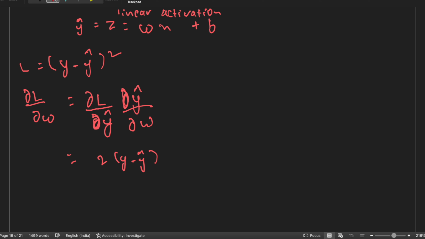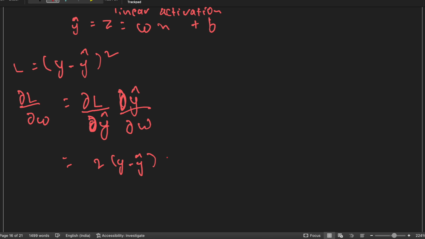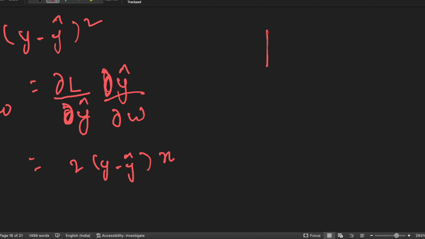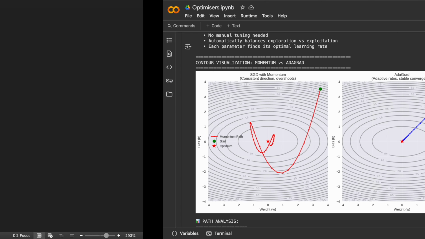You already know what linear activation is: we are not making any changes, and the value which comes is passed through as is. So d y hat by dW equals x. Now if there is a column of input x with values like 2, 1, 2, 0, 0, 0, 0, 0, then how will the weight update take place? Most of the time it will be zero. That is what happens.